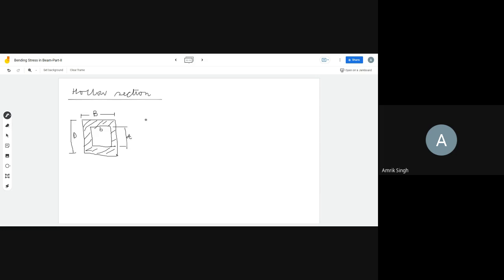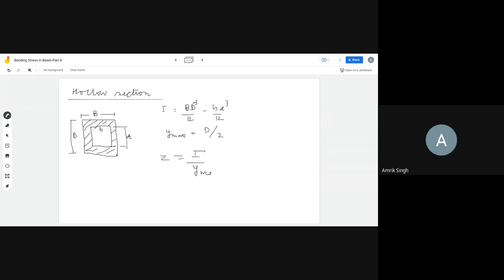So how to calculate the section modulus? So I will be equal to BD cube upon 12 minus bd cube upon 12. Okay. So how much will Y max be in this? Y max will be equal to capital D upon 2. So therefore Z will be equal to I upon Y max.